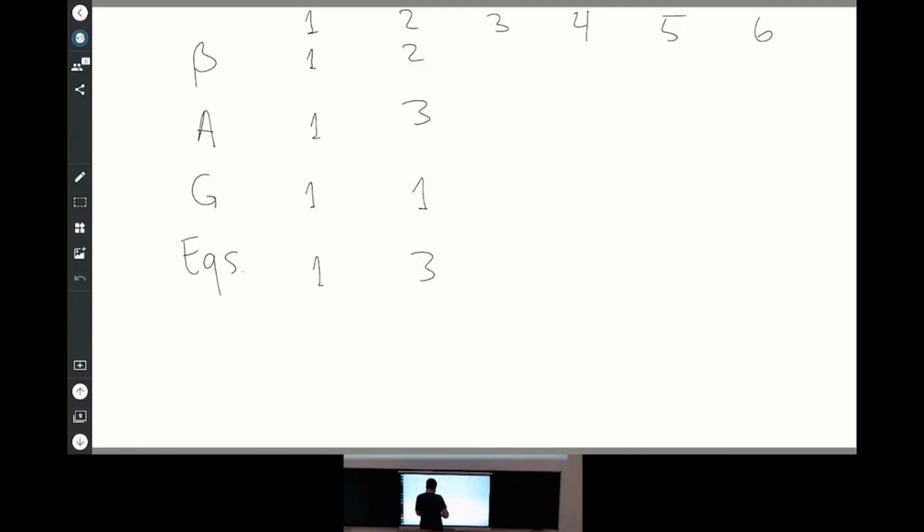Now when you go to 3 loops, it turns out that there are 7 contributions to the beta function. There are 5 diagrams like this. There are 7 contributions to A, and there are 10 equations you get. So again, it seems nice that you can satisfy them. When you go to 4 loops, you have the following numbers: 23, 17, 18, and 36.